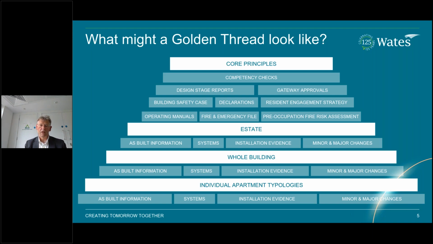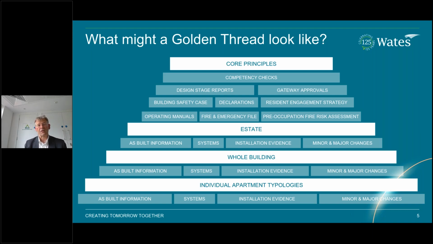And then hierarchically, as we drill into projects in more detail, we see a case for an estate-wide proposition, a whole building proposition, and then from a residential point of view, getting into the detail of individual apartment typologies. For each of those, there will be a requirement for as-built information, something that we have typically always done, so that's not particularly new.